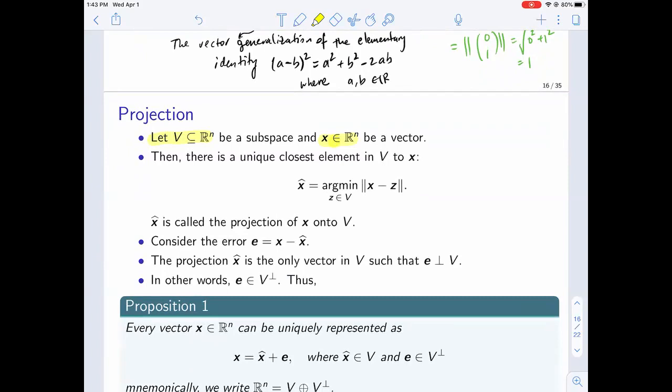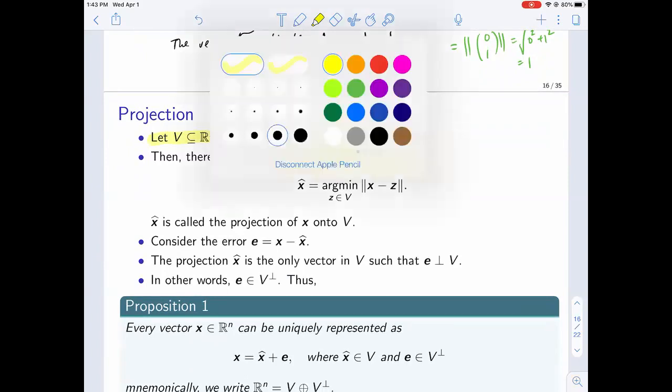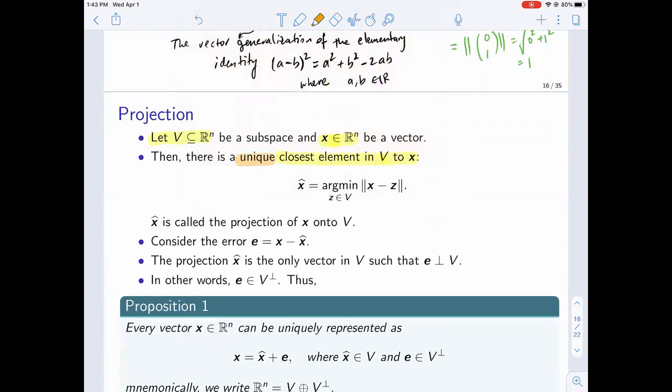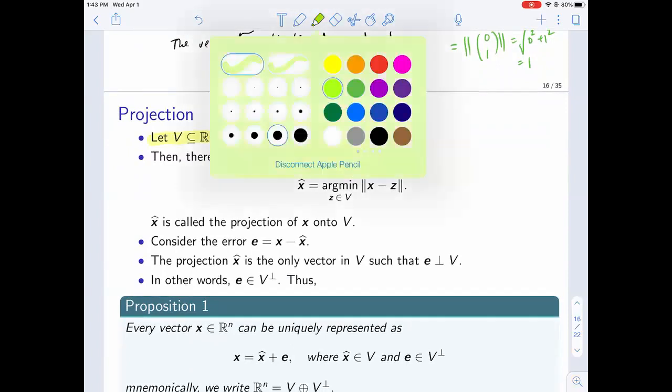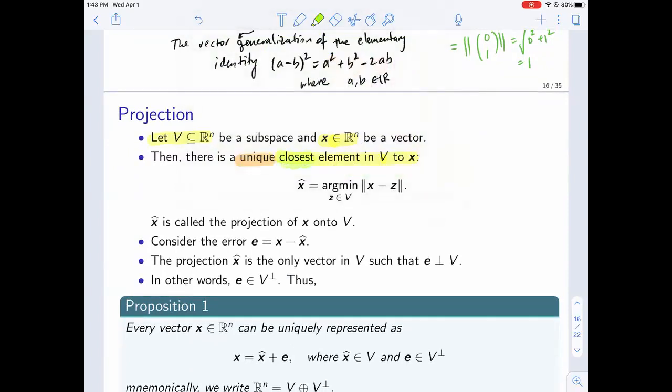The idea is that I'm looking for the closest element in V to x, and this turns out to be unique. Closest here is related to the notion of distance, so the distance is the smallest.